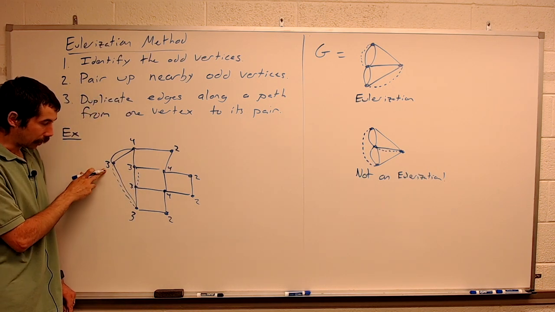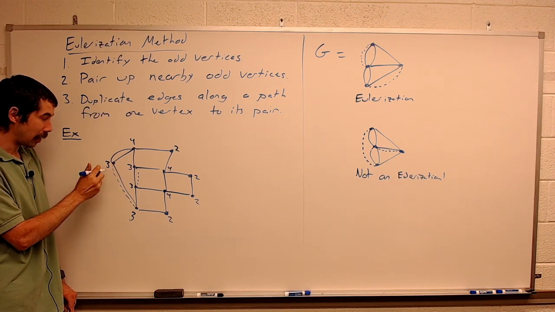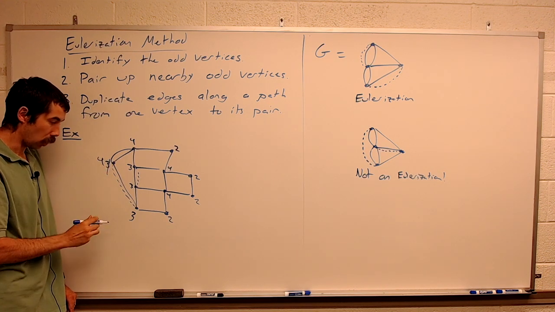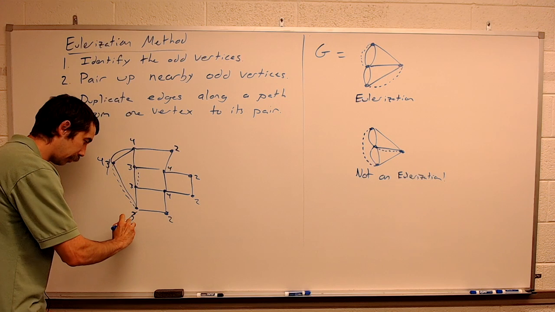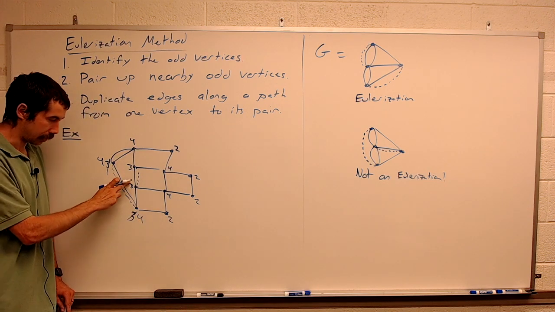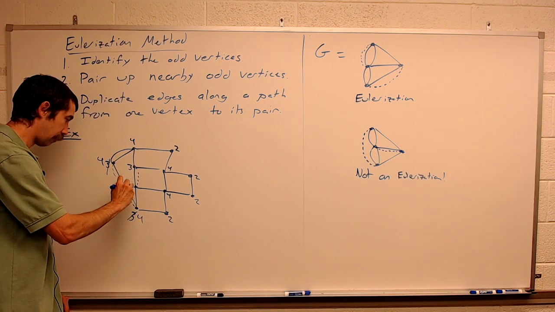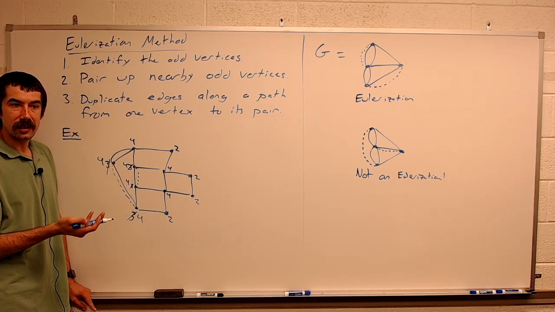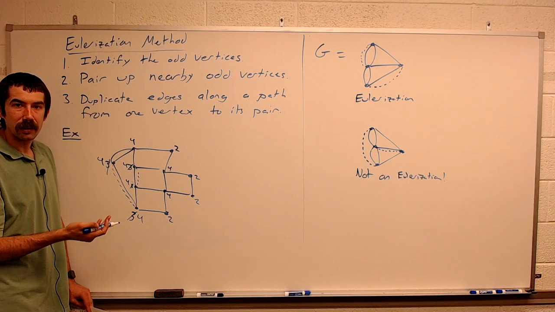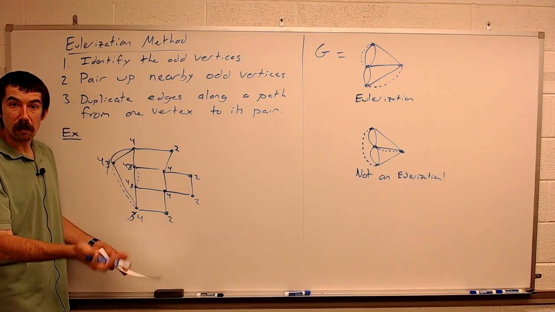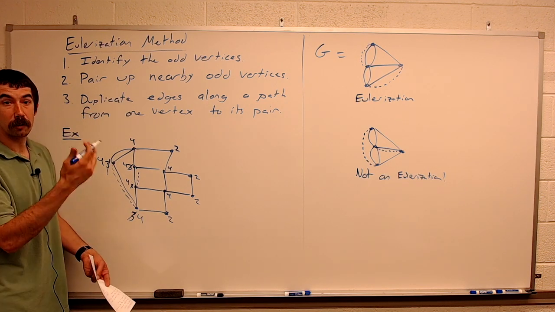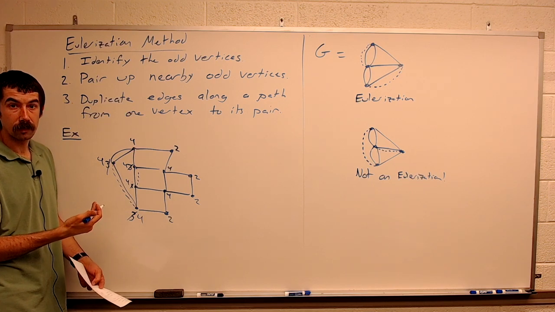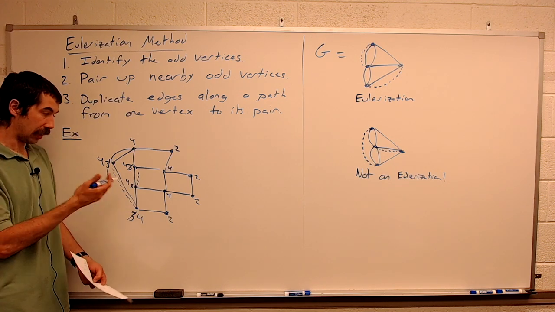Okay? Now we could check. This one now has a degree of 4. This one has a degree of 4. This has a degree of 4 and 4. We have no odd vertices, so we have an Eulerian graph. And so we could use some of the algorithms that we discussed in the previous video to find an Eulerian circuit on this graph.